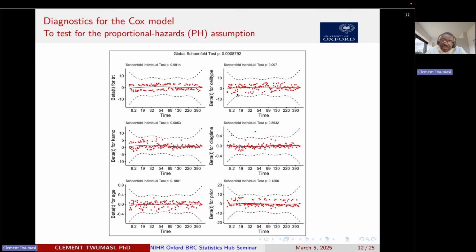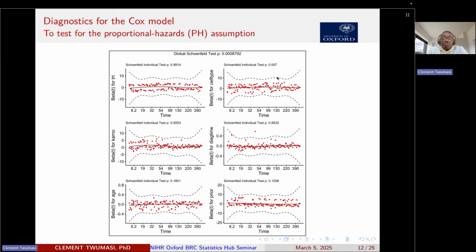For instance, cell type in this case violated it because the p-value is significant, and so on. Based on this, Karno, which was looking at performance status, and cell type violated the constant hazard assumption.